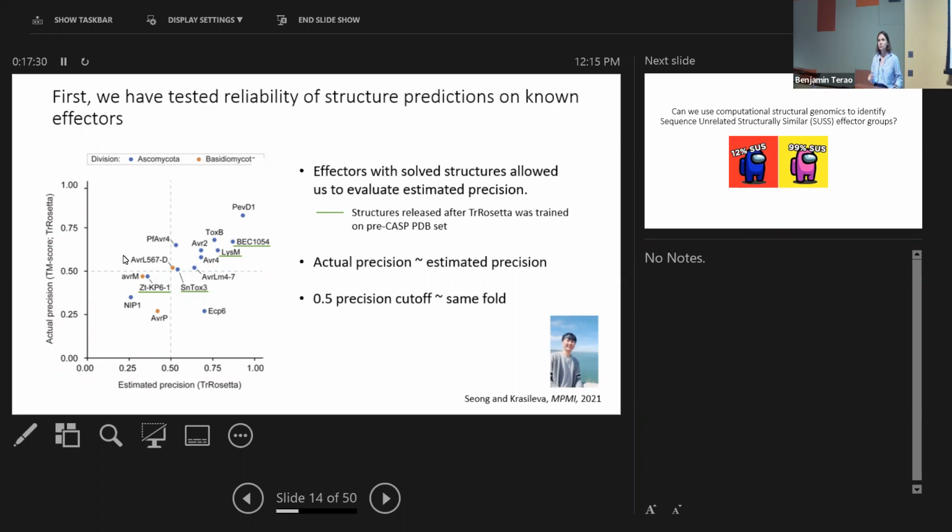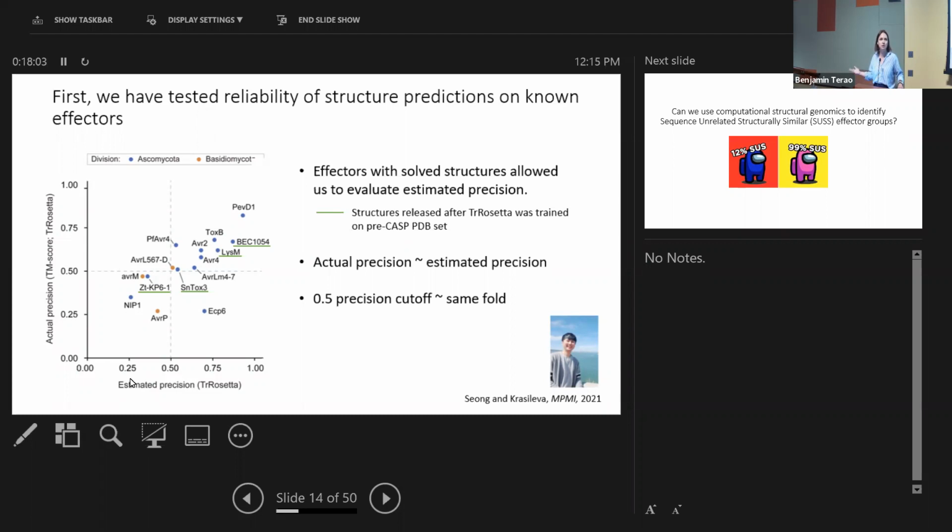Now, what was more important than that is the correlation between actual precision and estimated precision. Estimated precision is produced by the prediction software. It's their estimate of how good their model is, without knowing the true answer, right? Because for most of the effectors, most of the structures, there wouldn't be a true answer. So we have to rely on some sort of metric to say, well, is that a good model or not, right?